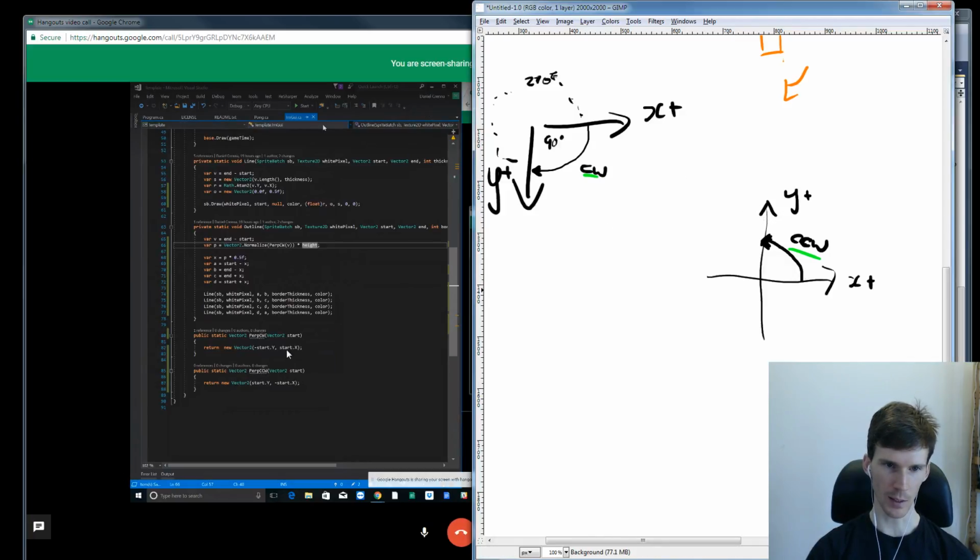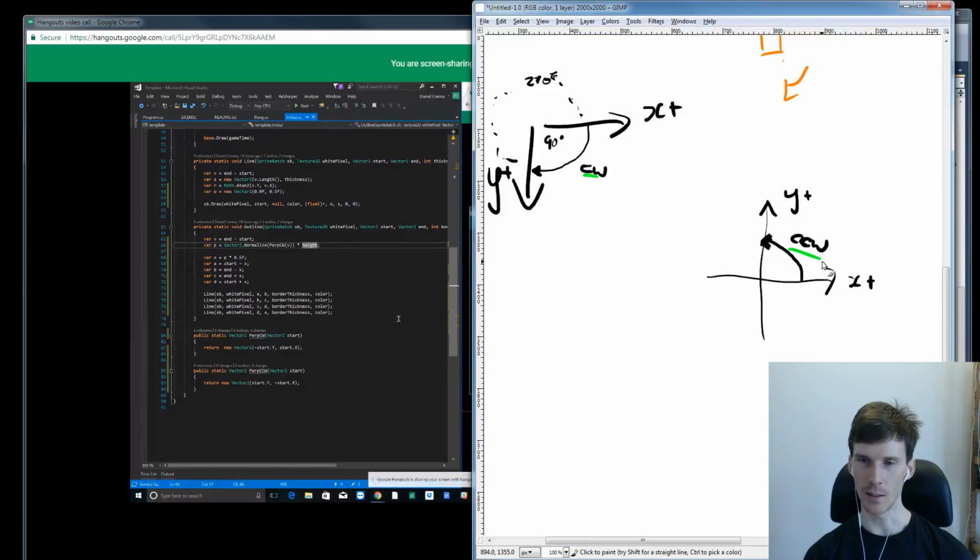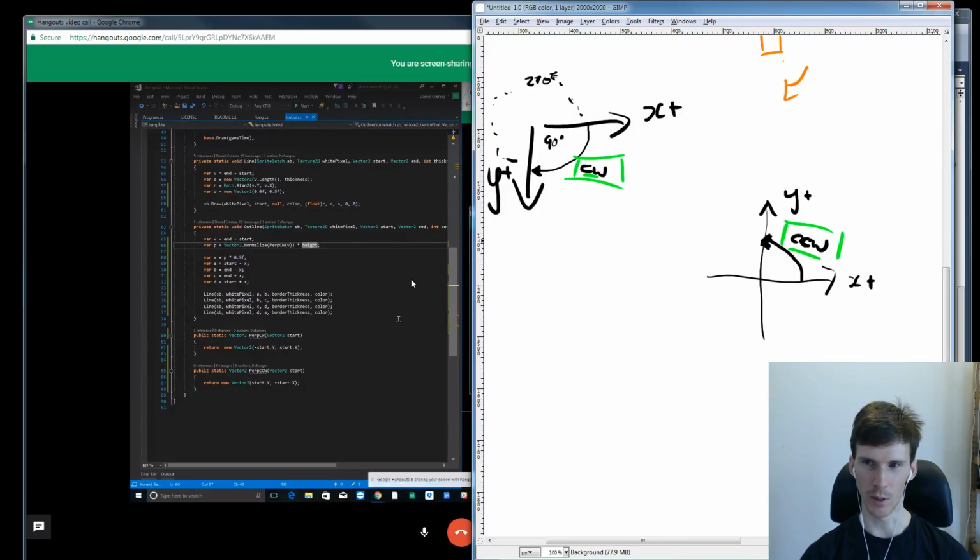So this perpendicular function that we have here is a very simple function. We might want to use that in both coordinate systems, and so the name doesn't work. Depending on which one you've chosen as the coordinate system that you've named it by, the other one is wrong.